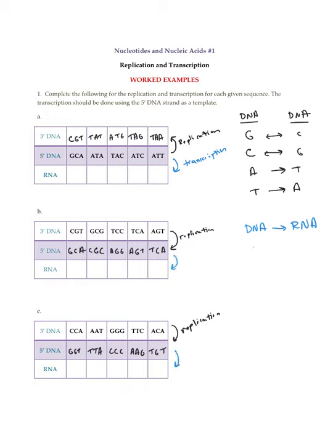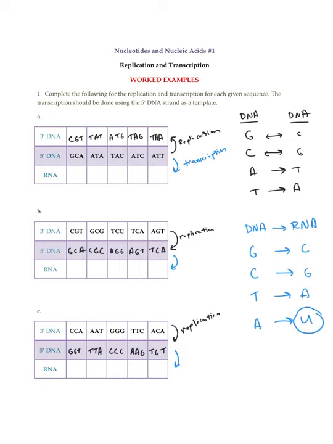And so here, G still becomes C, C still becomes G, T still becomes A, but A now becomes U. So that is really the difference. Otherwise, you're going to see very similar results.